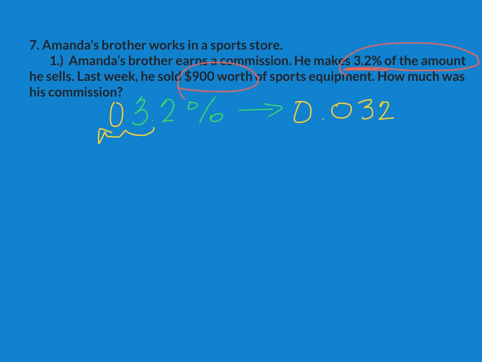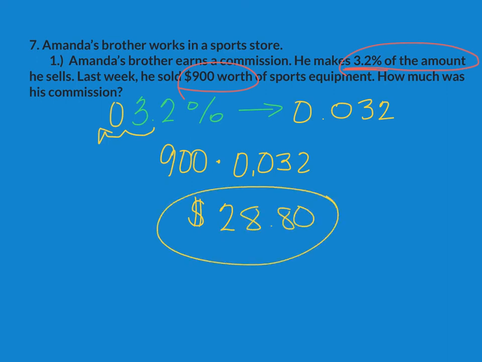And then I'm going to simply multiply that times the 900. So I've got 900 times 0.032, and that gives me 28.8, or $28.80 for his commission.